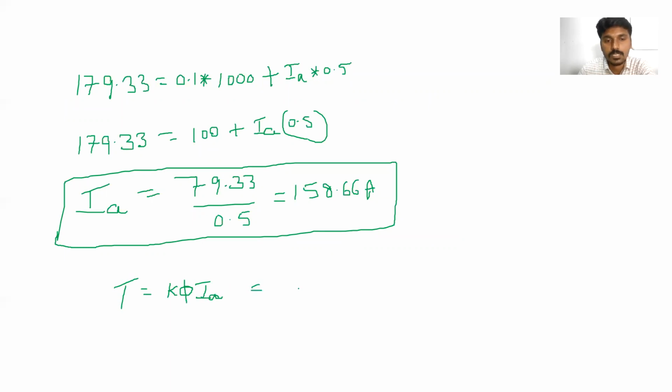K into phi is 0.1, and IA is 158.66. So what is the value of this torque? I think 15.86. Is it right? Yes, sir. Okay, 15.86 Newton meter. This is the value of the torque.